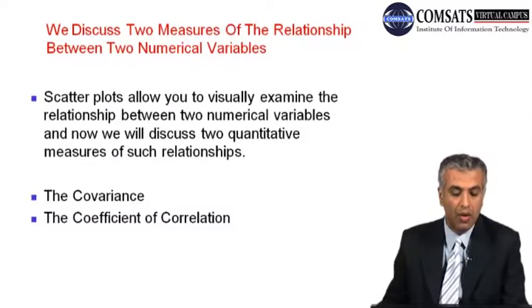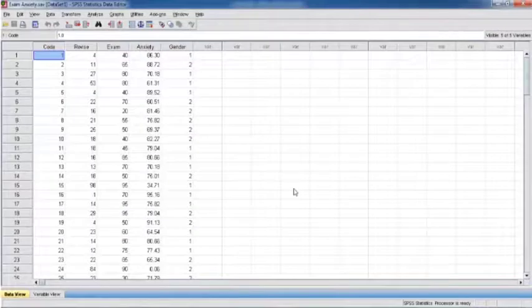Just have a look at the example in which we took a data set in which some students were examined and their anxiety level was measured through a questionnaire, and relevant scores were obtained.